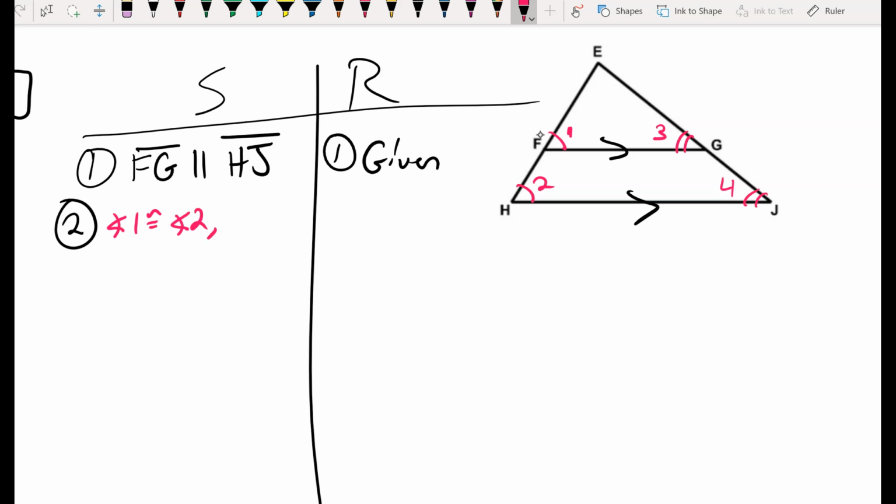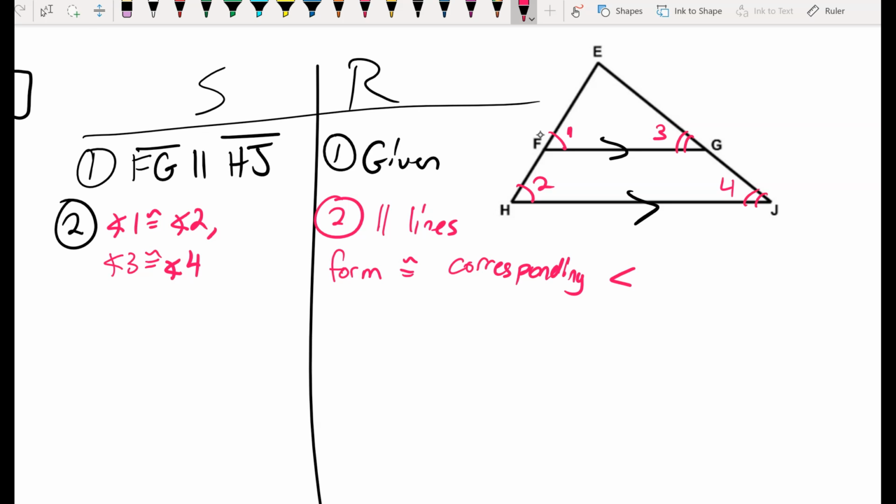So I could say angle 1 is congruent to angle 2, and I could say angle 3 is congruent to angle 4. What's my reason for that? Parallel lines form congruent corresponding angles. And the reason I know those are corresponding, visually what I try to see is that if I take that angle and I slide it up the transversal, I translate it, it'll land right on top of the other angle.